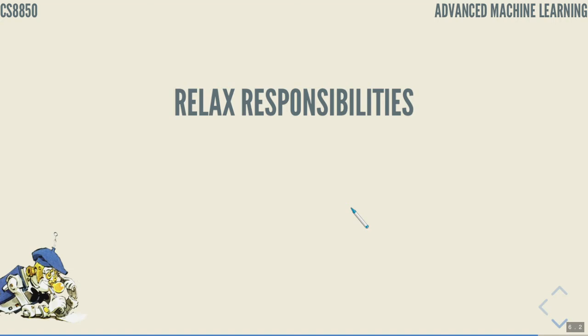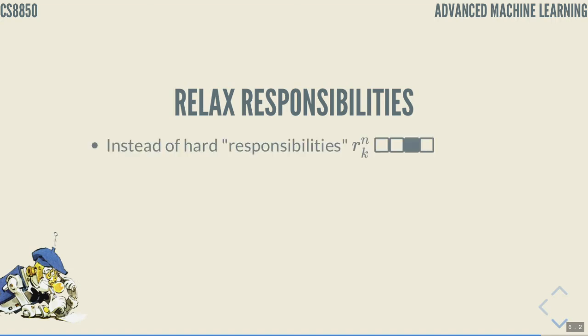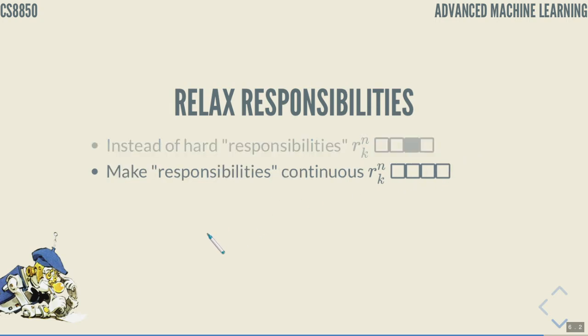So what we need to do is relax responsibilities. Let's try instead of hard responsibilities, where each point had a binary vector of whether this particular point xn belongs to one of the classes, let's make responsibilities continuous.